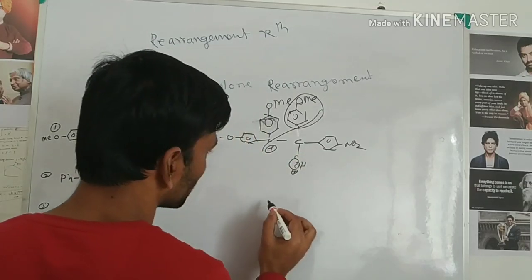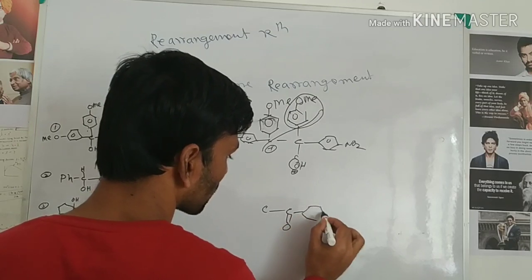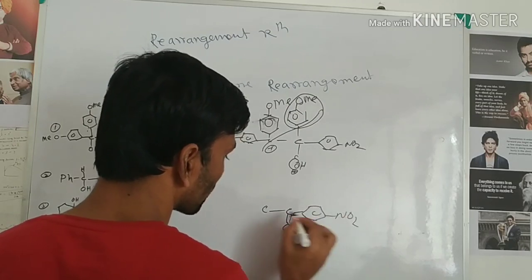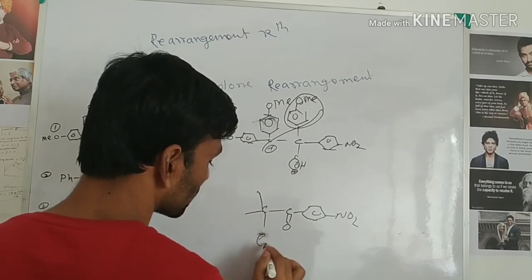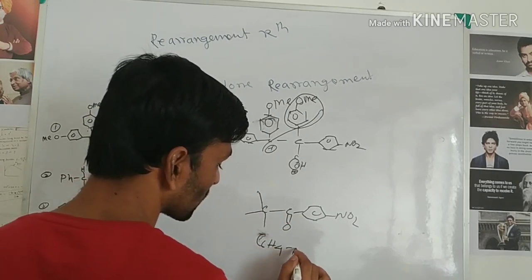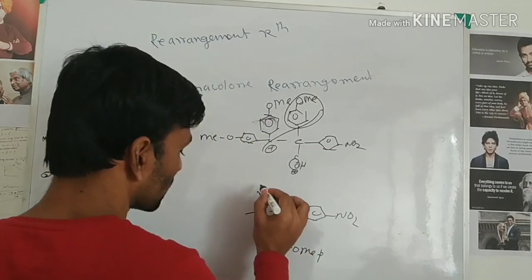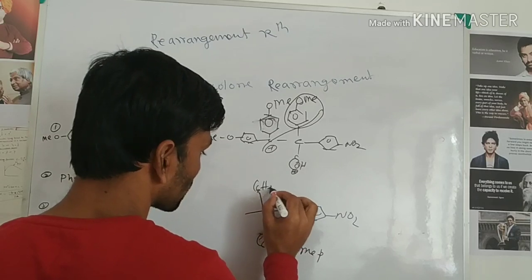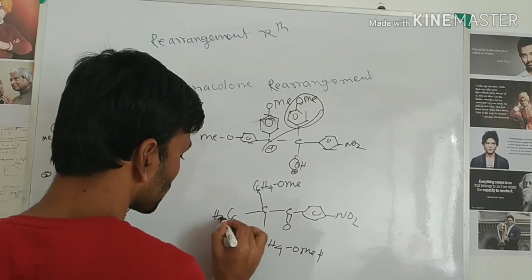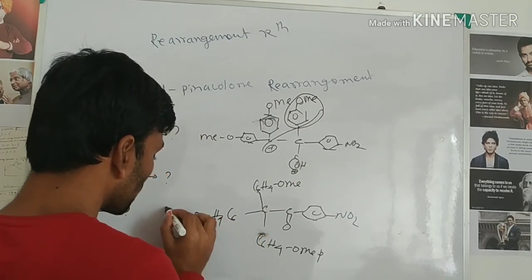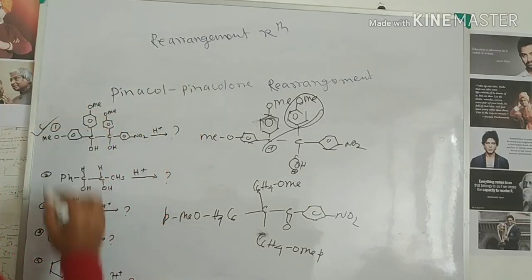So finally the product is nitro, and this is OMe, para-OMe. This also OMe, this also OMe. Okay, this is the final product of this example.